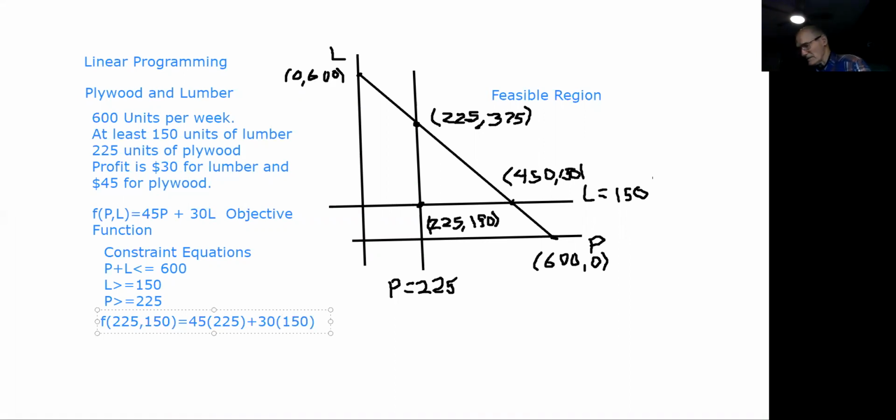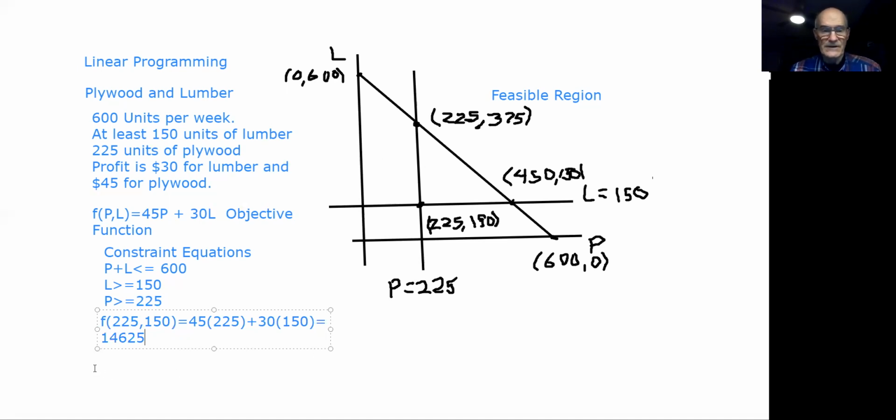And if I get my calculator out here, you get 45 times 225 plus 30 times 150, which is equal to 14,625. Now, that's how much I would make if I made 225 units of plywood and 150 units of lumber.